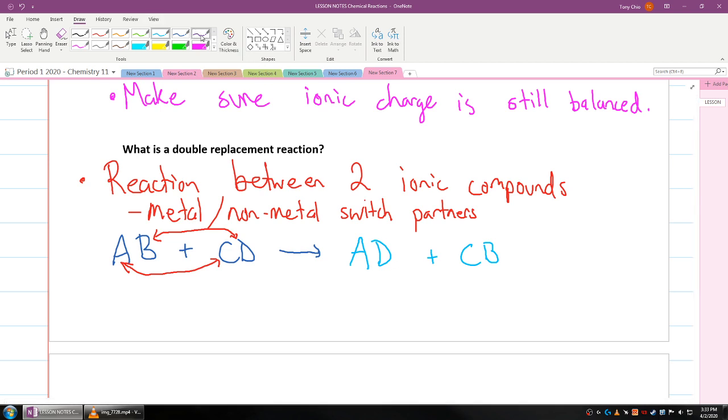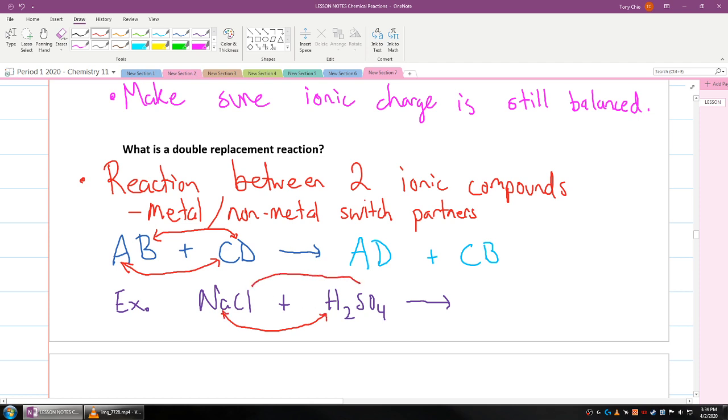So an example of this happening is, for example, if you have NaCl plus, let's say, H2SO4. When these react, you're going to have a double replacement. So you have Na swap with H, the hydrogen here, and then the chlorine and the sulfate can also switch.